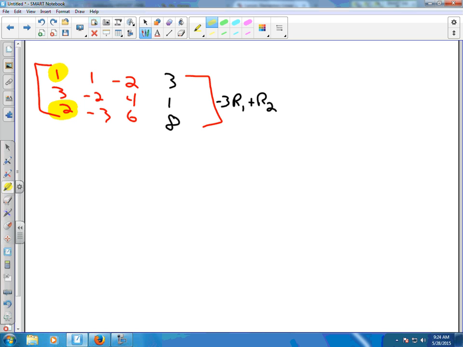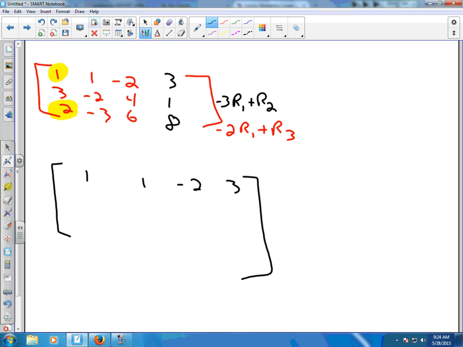So the easiest way to get a negative 2 is to do negative 2 times the first row and add it to it. So we're leaving the top row just like it is. And then the second row, we're going to do negative 3 times the first row and add that to the second row.